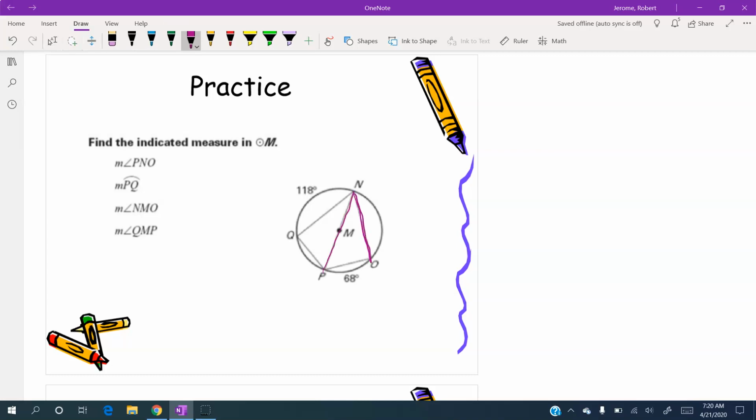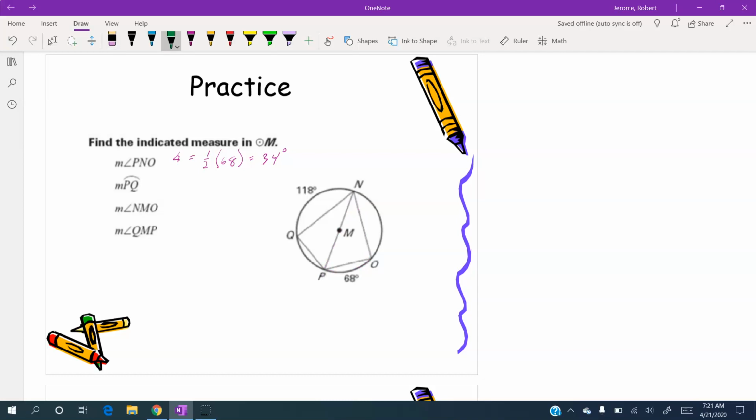PNO, there's my angle, and it is paired with the arc of 68. So angle equals 1/2 of 68, which gives us 34 degrees. So we'll erase that and we'll go to the next one.